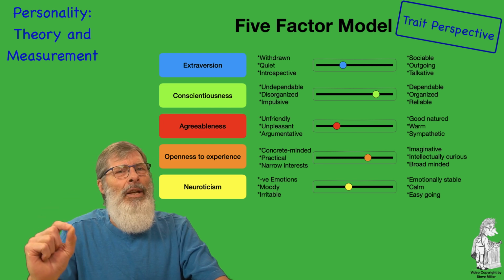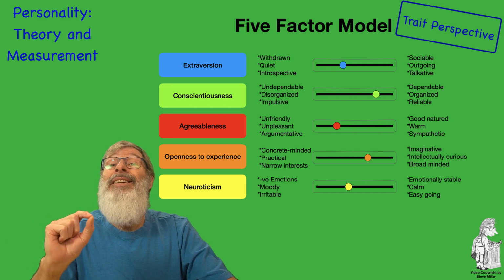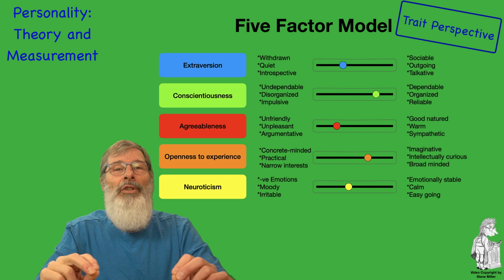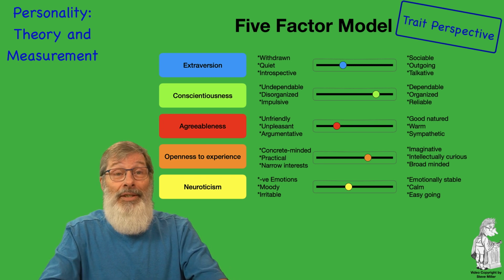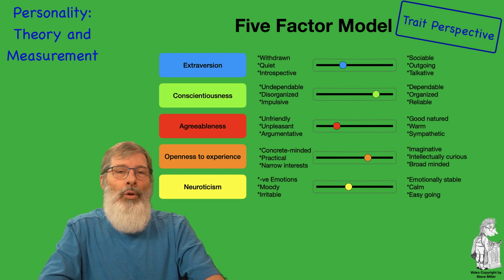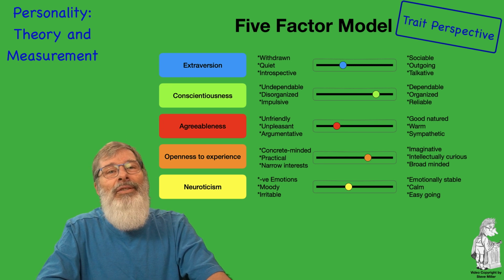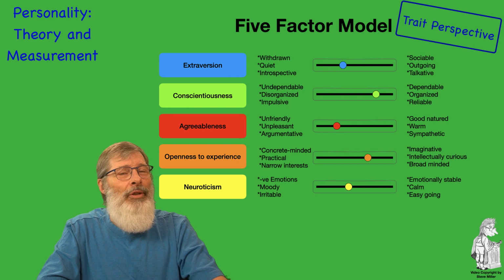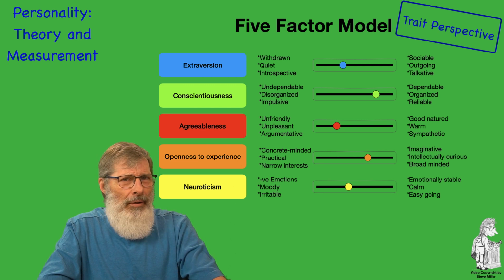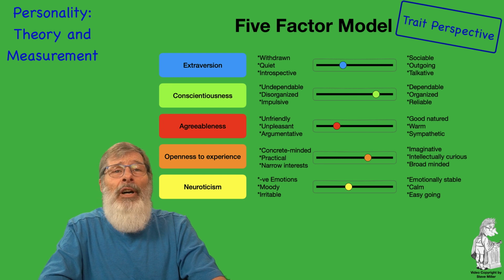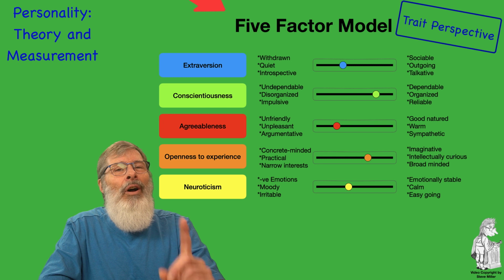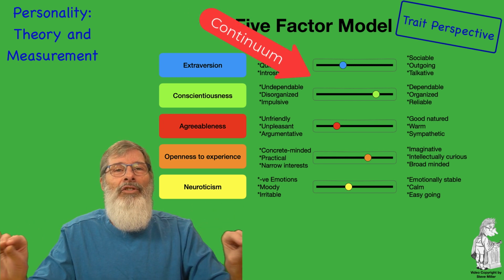Now you're hearing different things that we would say about someone's personality, things that we would describe. These are traits. Agreeable people are pleasant, good-natured, warm, sympathetic, and cooperative, versus low agreeableness, where you get unfriendly, unpleasant, aggressive, argumentative, cold, hostile, and vindictive. Also bear in mind, these are on a continuum.